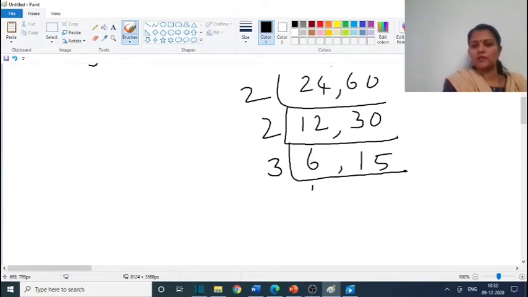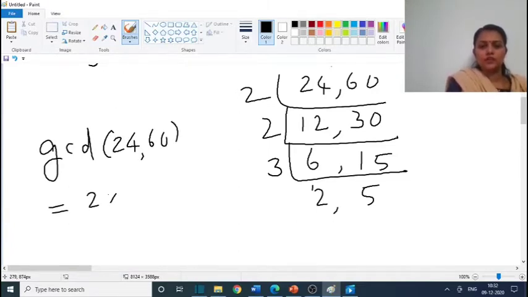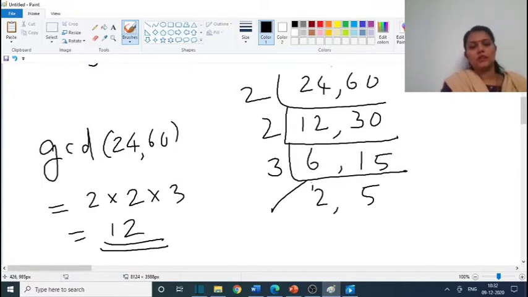Now the common term is 3. So this is 2, this is 5. No more common terms. So the GCD of 24 and 60 is 2 into 2 into 3, the common terms, so 2 into 2, 4, 4 into 3, 12. So in both methods GCD is equal to 12.